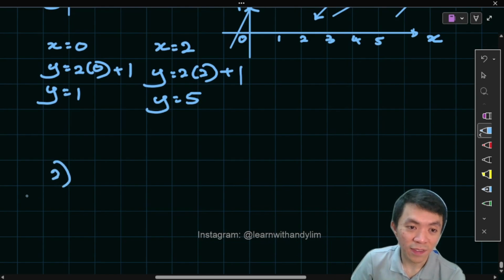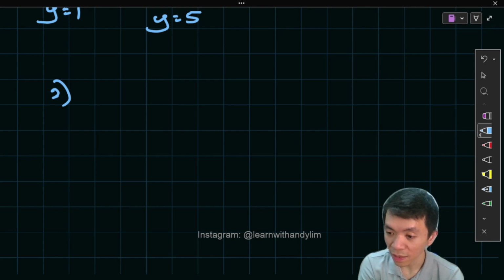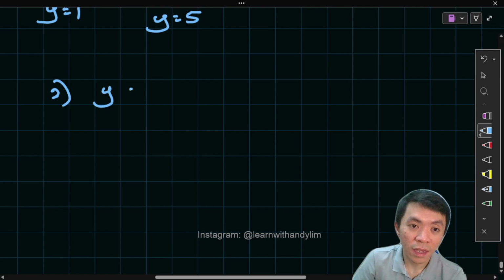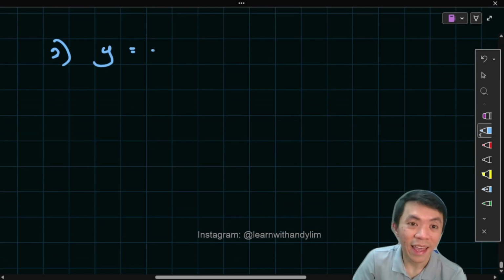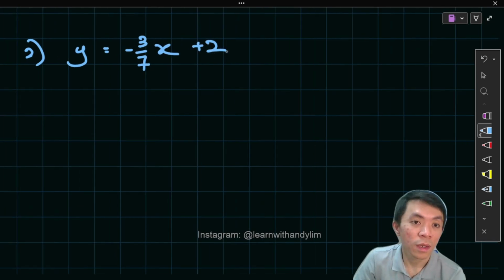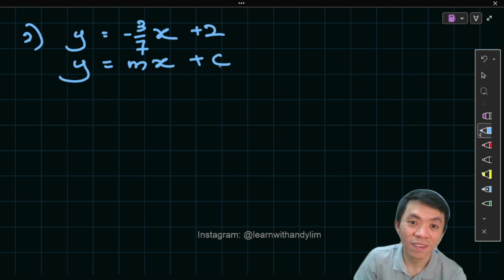Let's try our second example. In my second example, we are going to choose a negative gradient. We will have y equal to negative 3 over 7 x plus 2. If you take note here, it is still in y equal to mx plus c form.